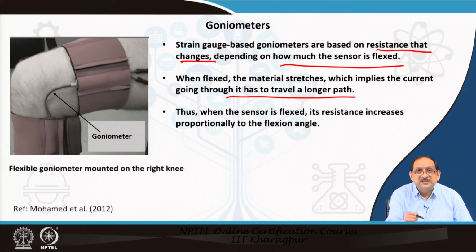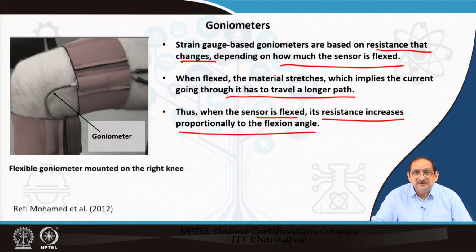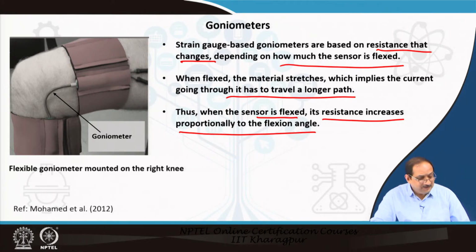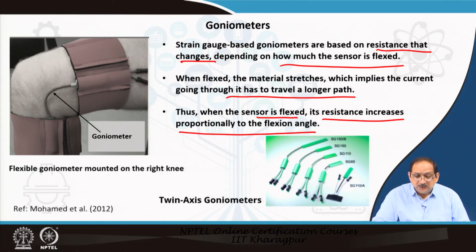Therefore, when the sensor is flexed, its resistance increases proportionally to the flexion angle. On the left, you can see a goniometer fixed in a knee joint. So, a flexible goniometer mounted on the right knee is shown in the figure. Now, twin axis goniometers are also available and they simultaneously measure joint angles in up to 2 planes of movement.